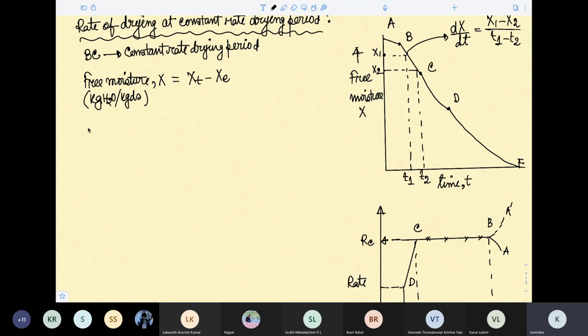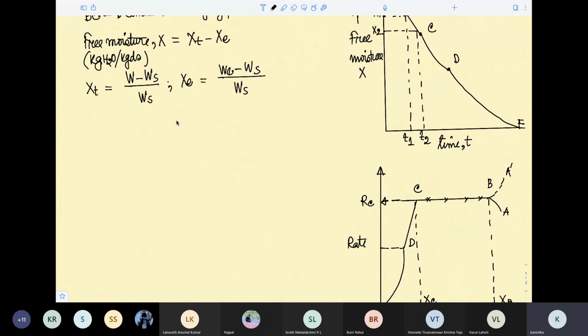Where X total is total moisture, W minus Ws divided by Ws, and Xe equals We minus Ws divided by Ws. So there carries the usual notation.